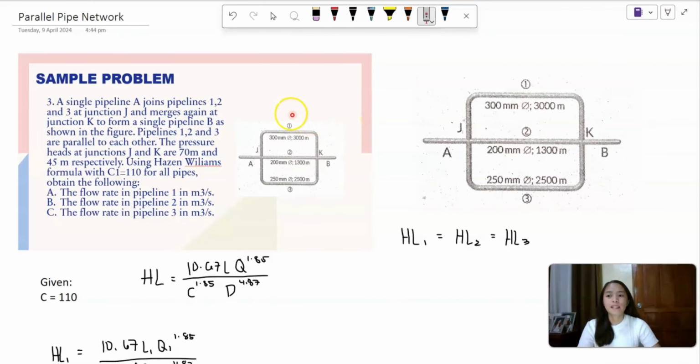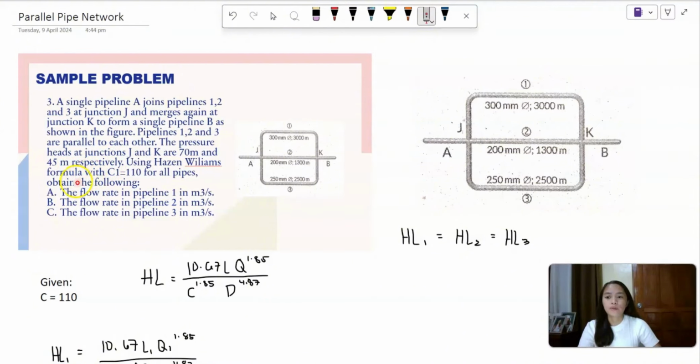So for the last example for our parallel pipe network, we have here a single pipeline A that joins pipelines 1, 2, and 3 at junction J and merges again at junction K to form a single pipeline B, as shown in the figure. So pipelines 1, 2, and 3 are parallel to each other. The pressure heads at junctions J and K are 70 meters and 45 meters respectively.